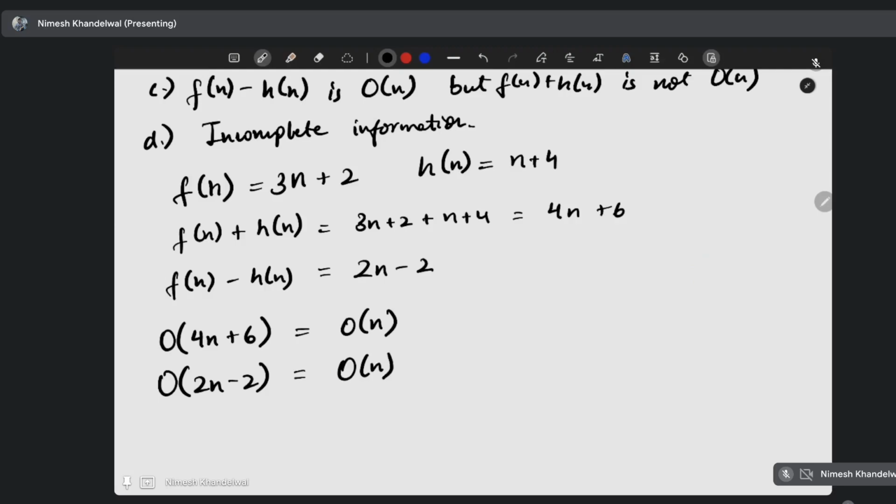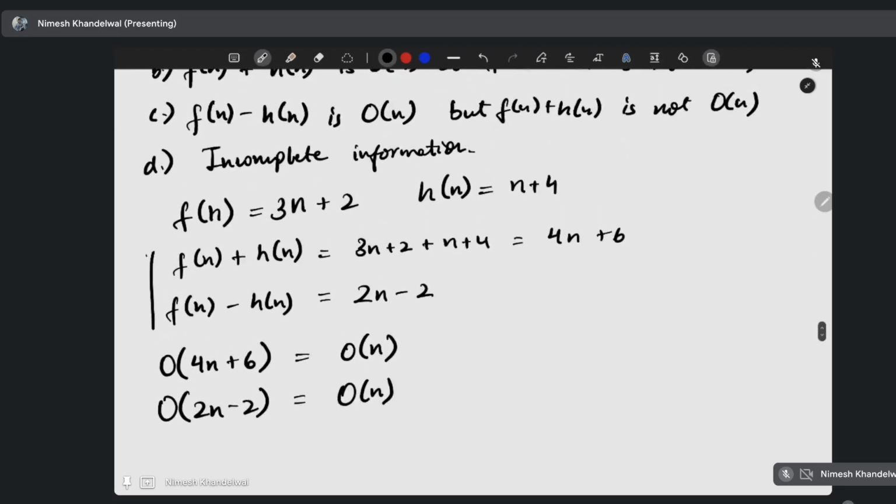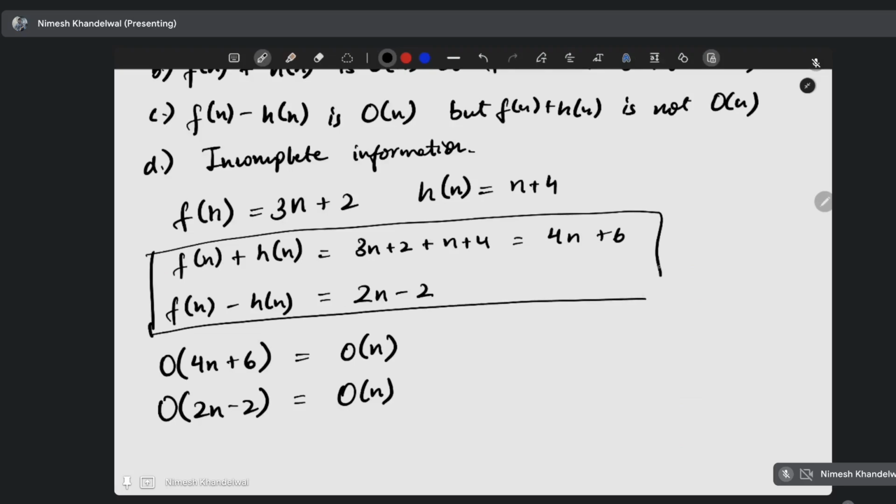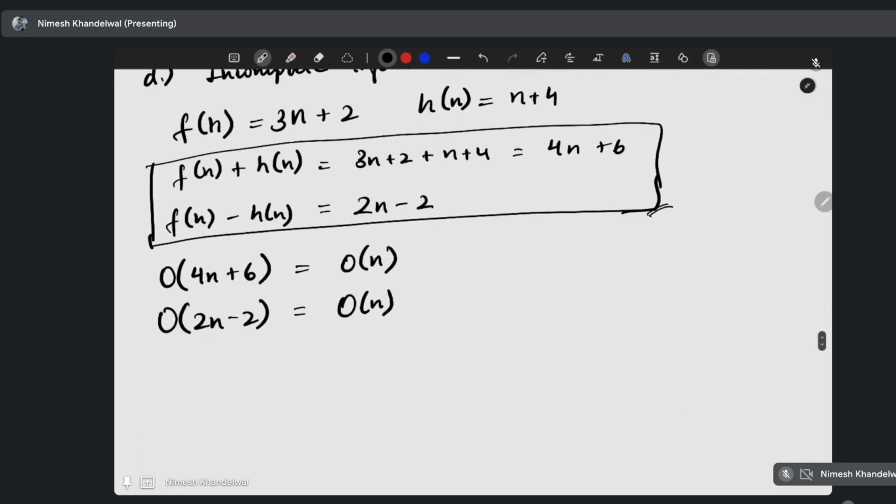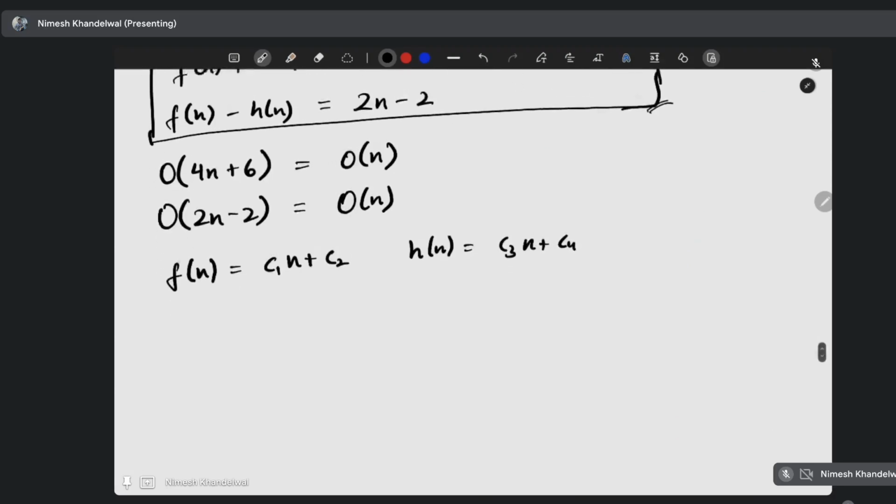So by an example we saw that irrespective of the form these two functions take, if their individual time complexity is linear, then their subtraction and addition both will be linear. It's not just for this particular example; it is true in the general case. The general form for any function that has a linear time complexity is c3n plus c4.